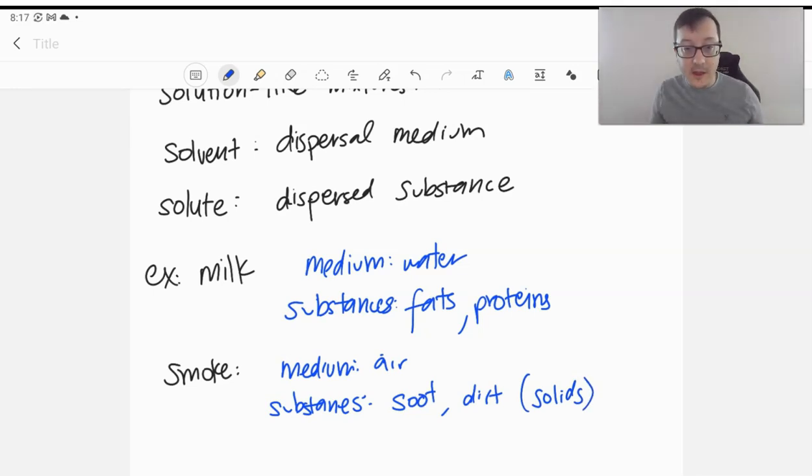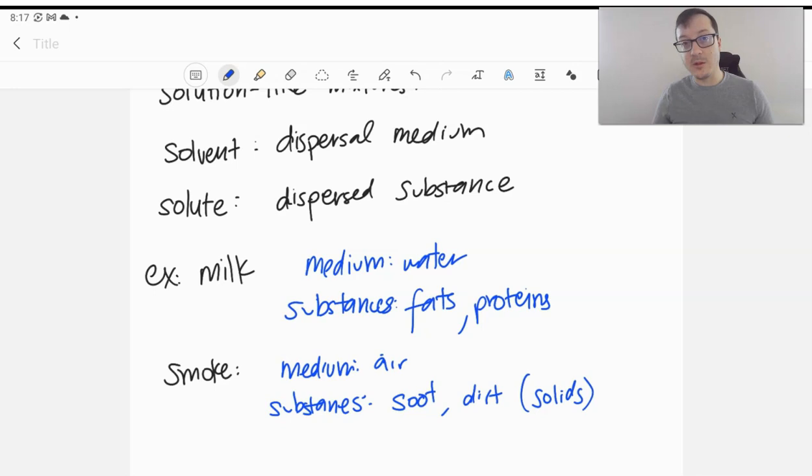Whereas with the water and fat for milk, for the emulsion there, they're both liquids. And that's fine. You can have colloids that are liquids dispersed in liquids. You can have, in this case of smoke, solid particles dispersed in a gaseous medium. Something like a cloud would be liquid particles dispersed through a gaseous medium. We have liquid water that's dispersed in the air.